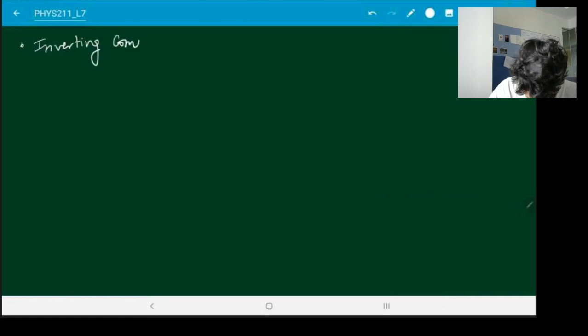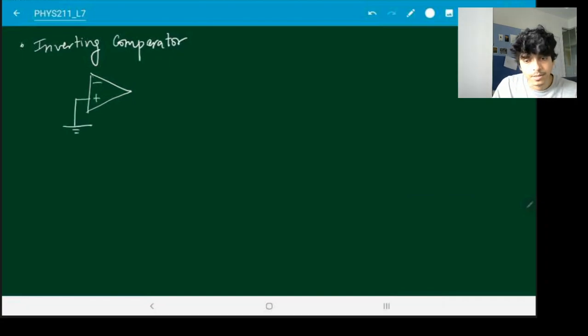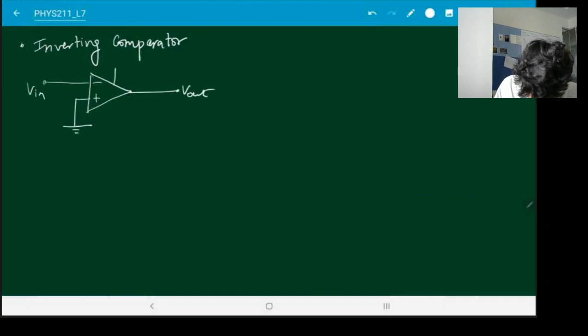Similarly, we can make what is called an inverting comparator. The circuit for this: now I'll put the positive terminal to the ground and the negative one gets V in, and here we will take V out. Now what happens? Now your V plus is always at 0 volts.